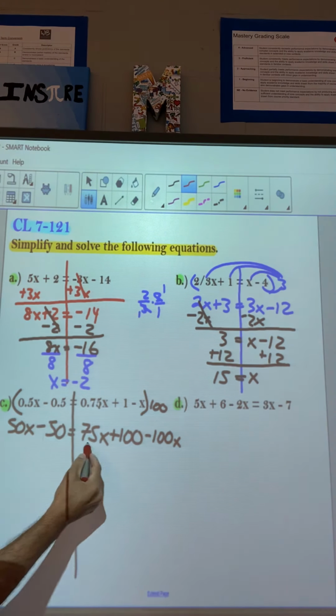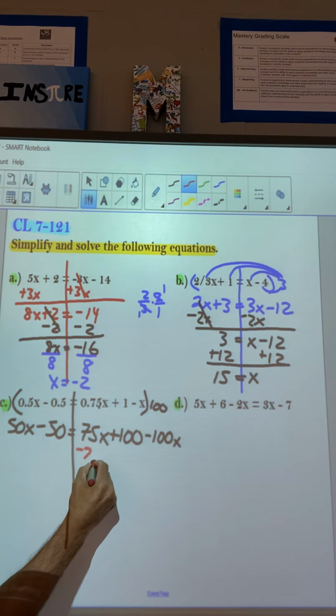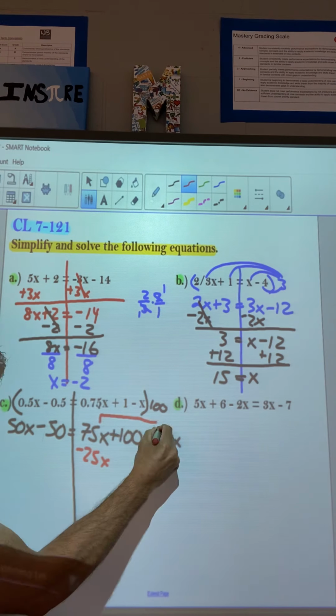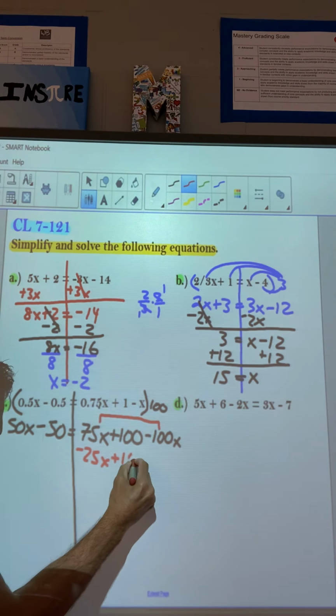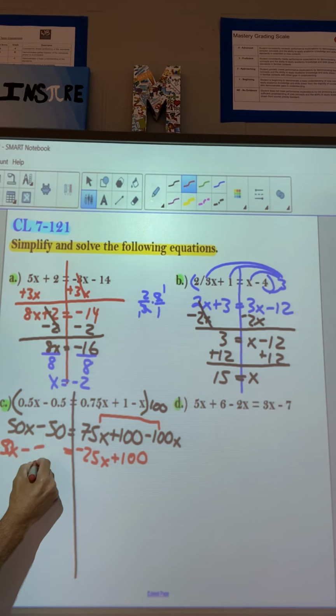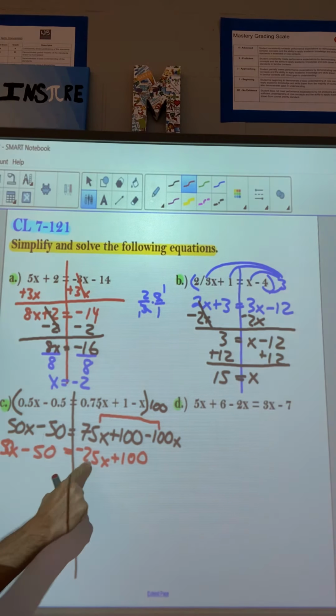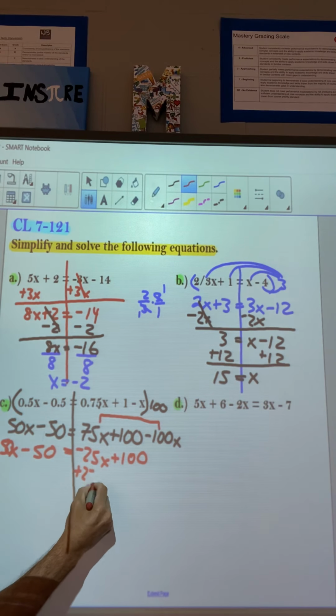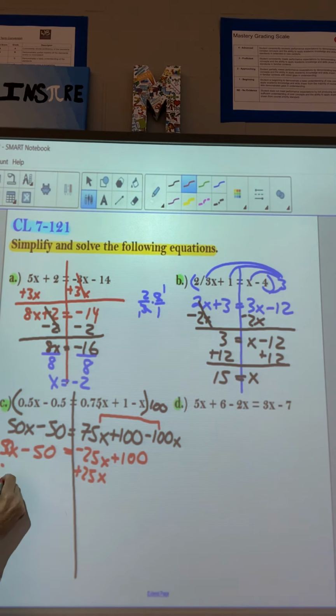Okay, so let's combine these x's. So I have negative 25x. I just combine these two. Plus 100 equals 50x minus 50. I'm going to add 25x's. Let's get all the x's to one side.